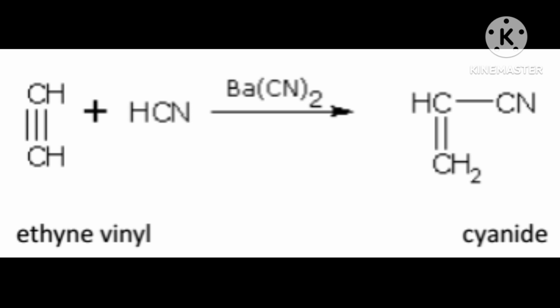Then ethyne plus HOH. HOH means water, H2O. Just like ethylene you have seen, the same type of reaction will take place. One OH will join and the triple bond will become a double bond. On one carbon this OH will join, and on the other carbon hydrogen will join.